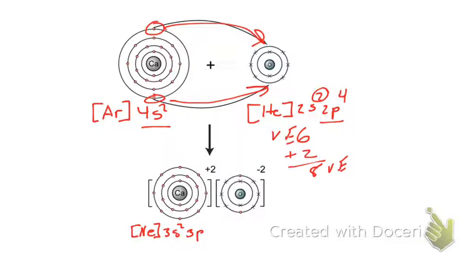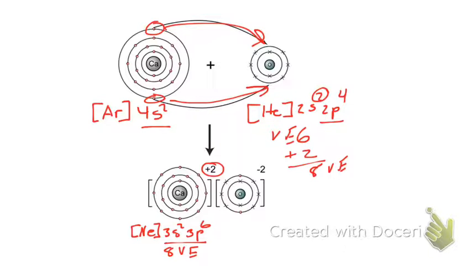So it's lost its 4th energy shell, and it now has a new valence shell, which is the 3rd shell, with 8 valence electrons on that shell. The trade-off, though, is that by losing those 2 valence electrons, it forms a positive 2 charge, or a positive ion.